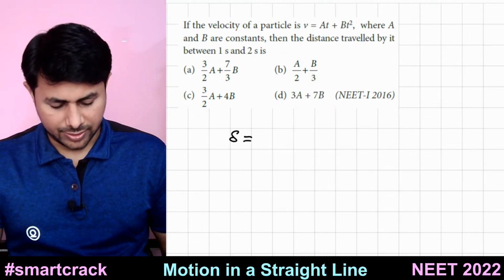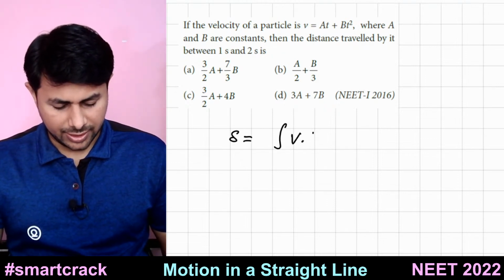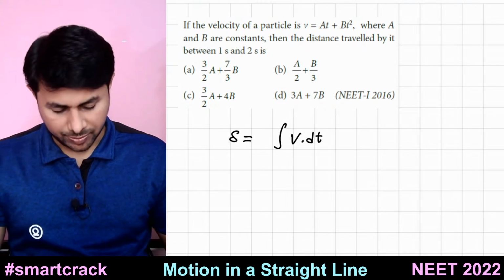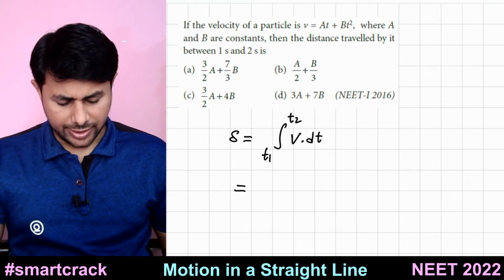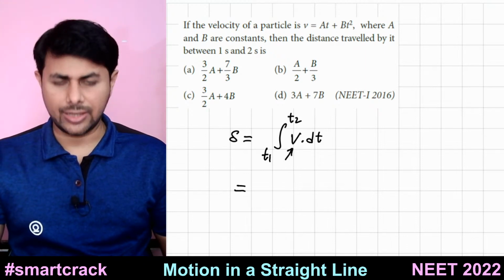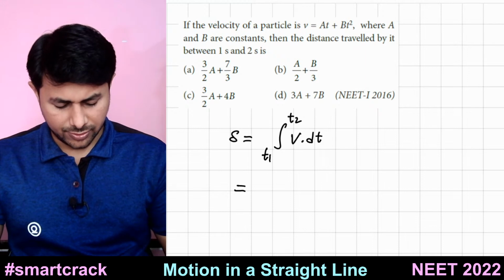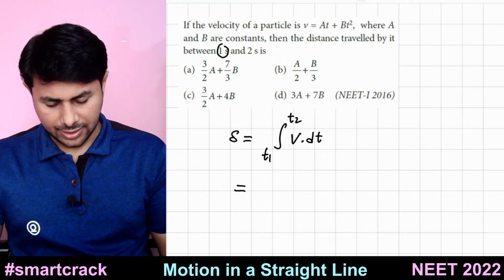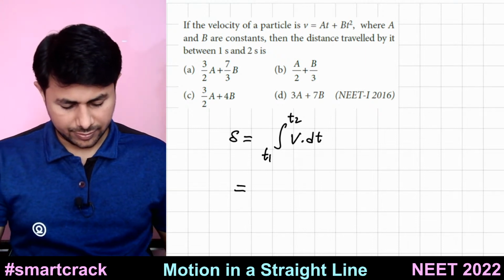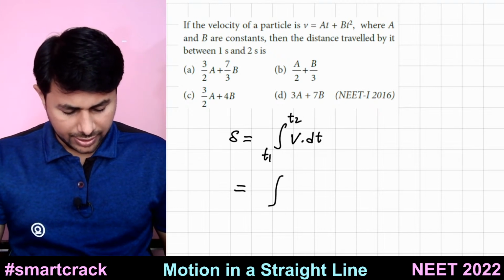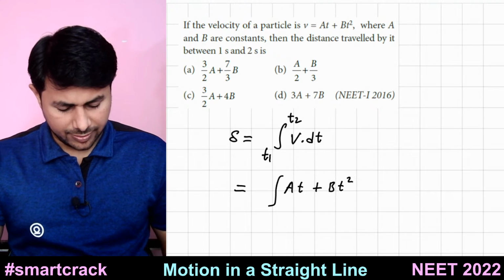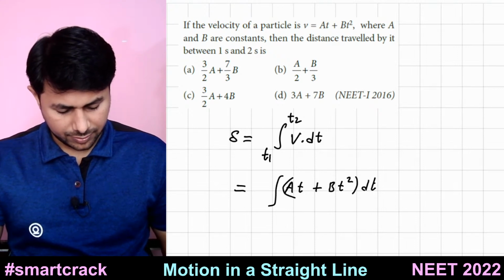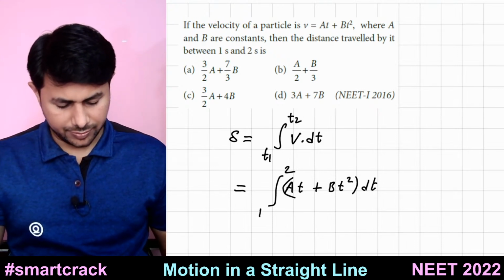So s is equal to the integral of v dt, if v is given in terms of t, from time t1 to t2. Okay. So let's substitute the formula for v and the values of t1 and t2. t1 is 1 second and t2 is 2 seconds. So we have the integral of a times t plus b times t square from 1 to 2.